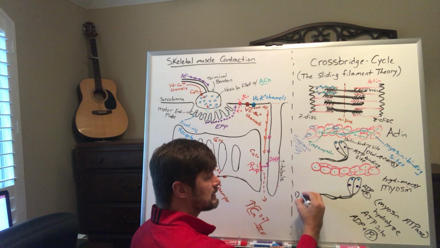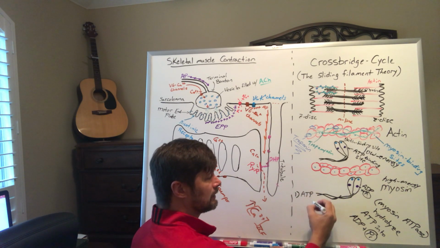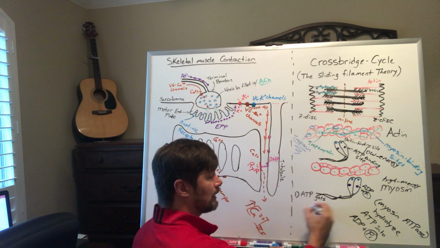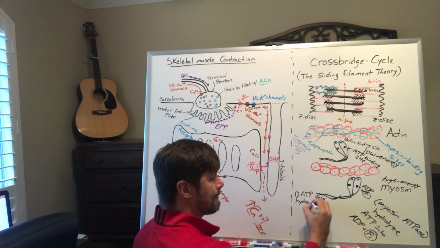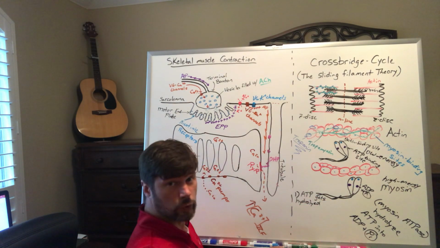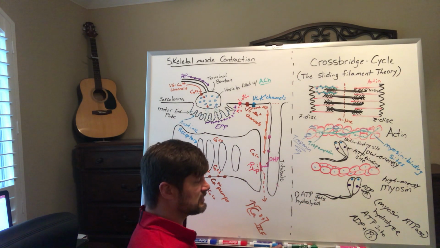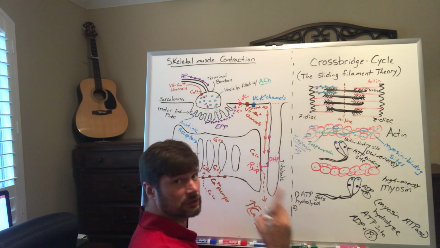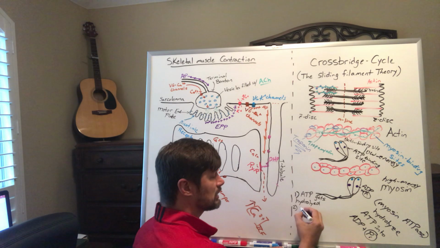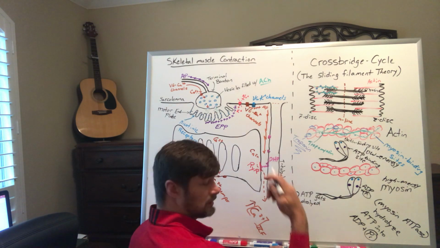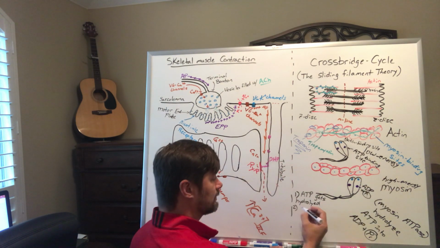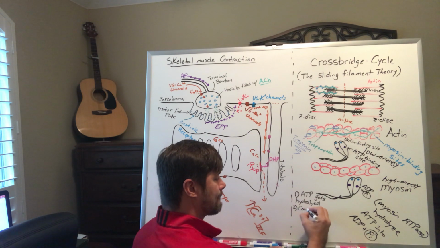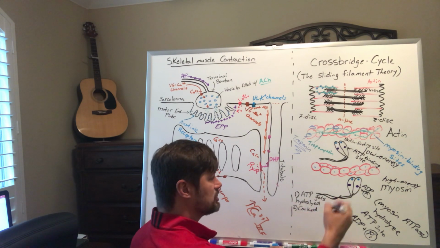Now when it does, ATP gets hydrolyzed into ADP and inorganic phosphate by the myosin head. That allows the myosin head to go into the cocked state. Okay? That sets it into the cocked state. The high energy myosin.